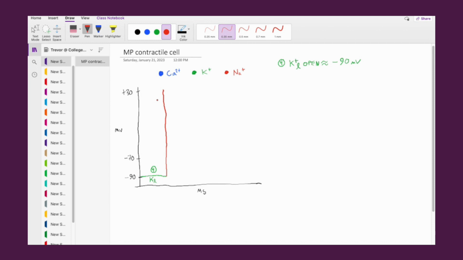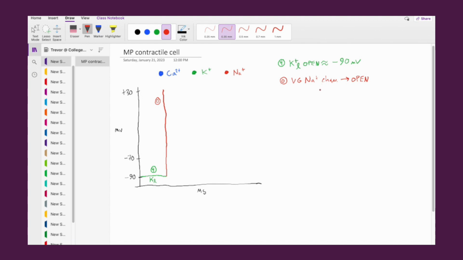Okay, and if that was step 4, now we're going to start, and we're going to call this just arbitrarily step 0. So we'll go over here, and let's write out what's going on at step 0. Well, this is now voltage-gated sodium channels that are opening. You get that incoming depolarization from autorhythmic cells that triggers the opening of these voltage-gated sodium channels.